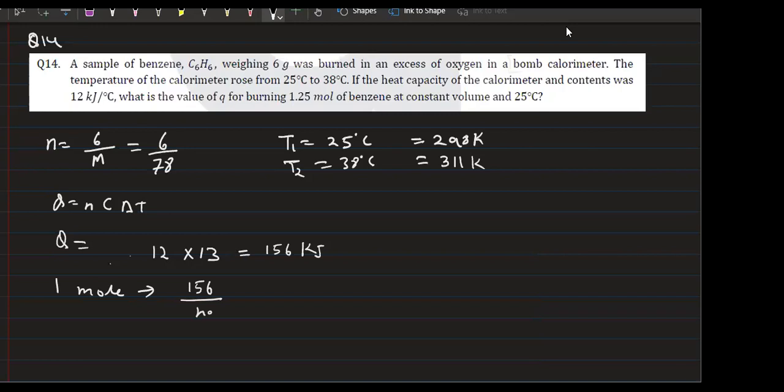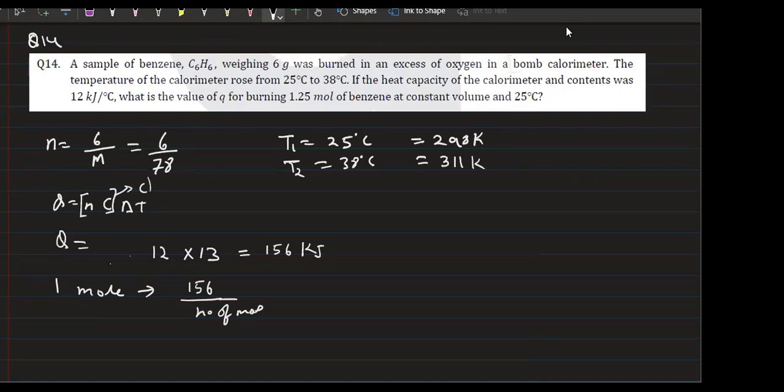ऑफ मोल्स. ठीक है, बिकॉज दिस इज योर टोटल एनर्जी ना, है कि नहीं? दिस इज योर टोटल एनर्जी. C delta T, बिकॉज इट इज हीट कैपेसिटी, ये दोनों मिलाकर क्या होता है? C dash ना, which is your heat capacity. It's not specific heat or molar heat capacity, याद है ना डिफरेंस? Specific heat or molar heat capacity or just heat capacity, right?